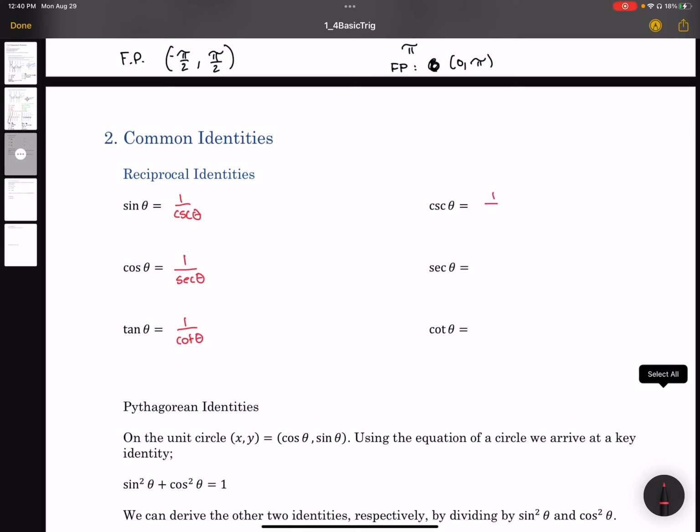Cosecant theta is 1 divided by sine theta. Secant theta is 1 divided by cosine theta. And cotangent theta is equal to 1 over tangent theta. And also for tangent, tangent theta is sine theta over cosine theta, and cotangent theta is cosine theta divided by sine theta.